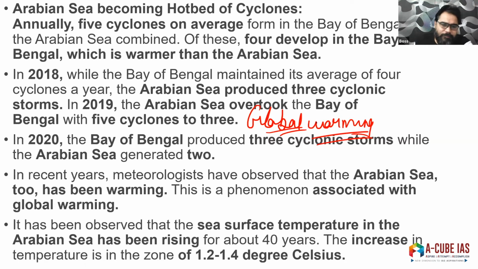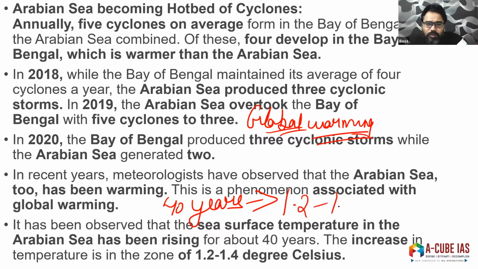Global warming. Now, the meteorologists have said that in the past 40 years, the temperature has increased by almost 1.2 to 1.4 degrees Celsius. See, according to you, this 1.2 to 1.4 degrees Celsius could be something negligible. But just imagine it as a whole.